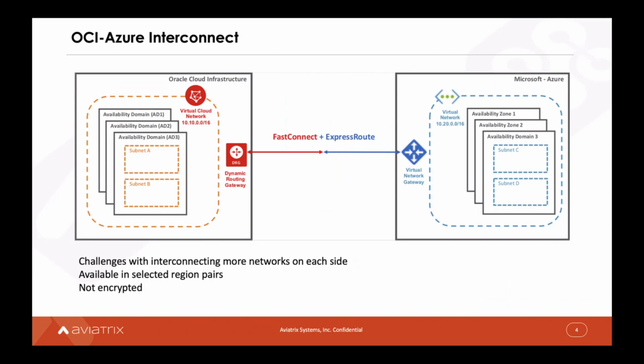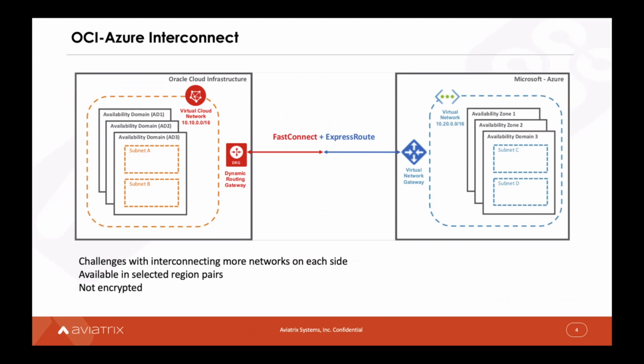But what I see as the biggest challenge in this scenario is the fact that you are creating a point-to-point link. When you're just using the native services, it's a VCN to VNet connection. And Dana, I'm sure you agree that you don't see customers that only have one network in each cloud, one VCN. That's for sure. One VPC, yeah, or one subnet. It needs to be a better scale architecture than what you have here.